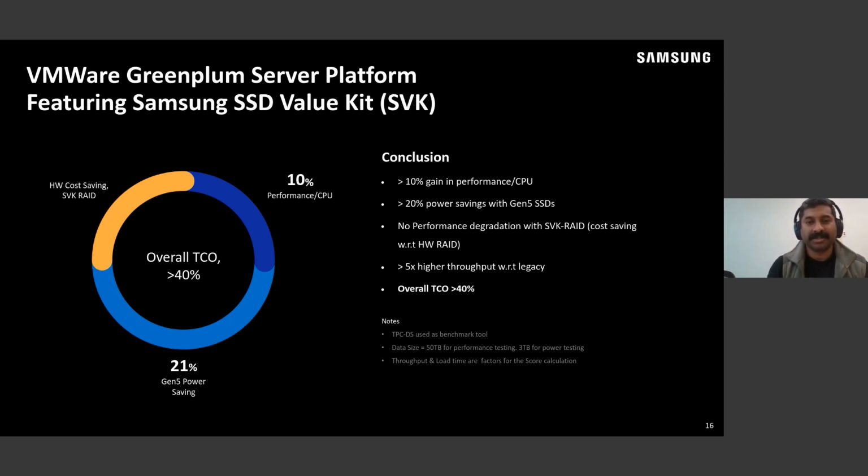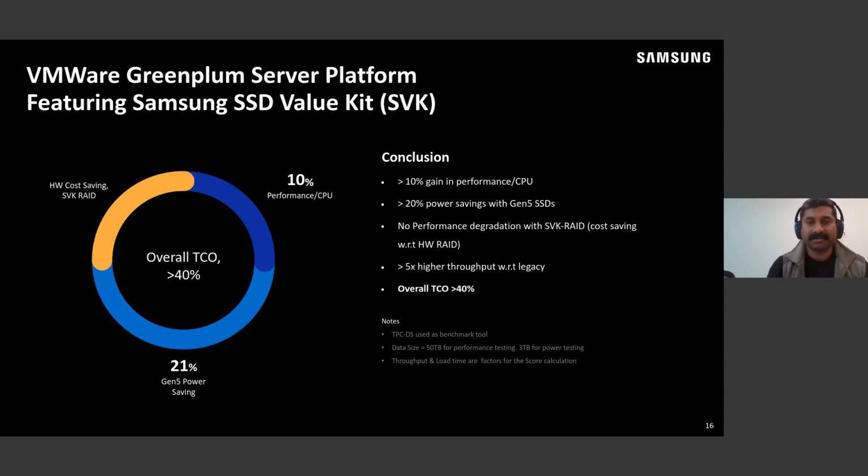And on the RAID side, since it is a pure software-based RAID, you're going to save the cost of hardware RAID. So altogether, all three components, as per our calculation, will benefit at least 40% on your total cost of ownership for your Greenplum installation on this machine.